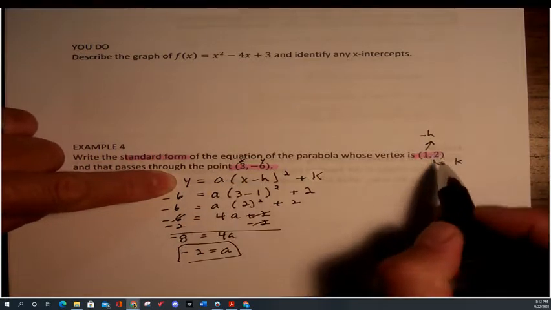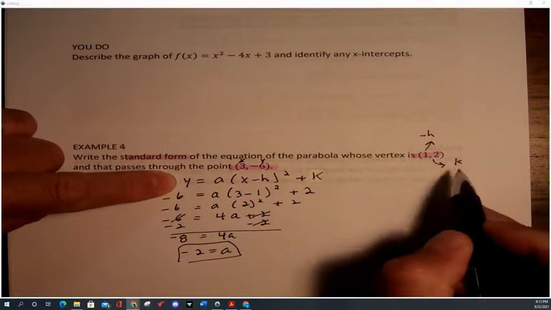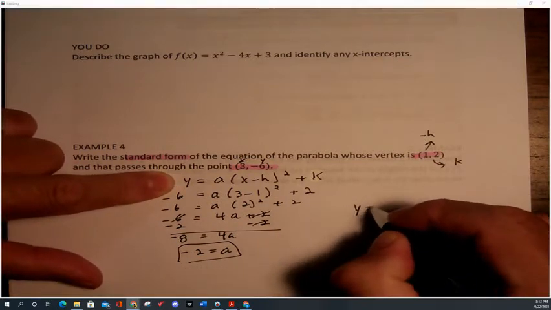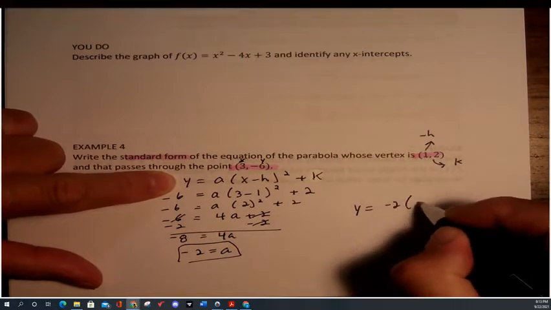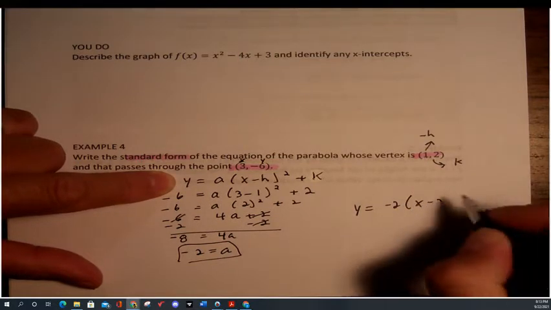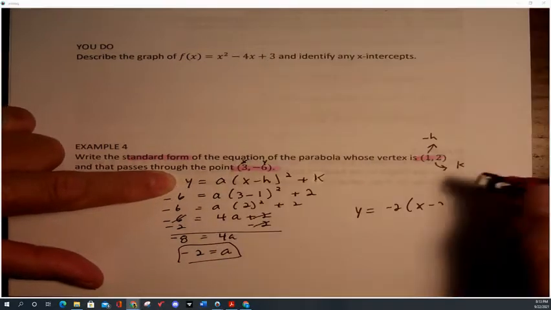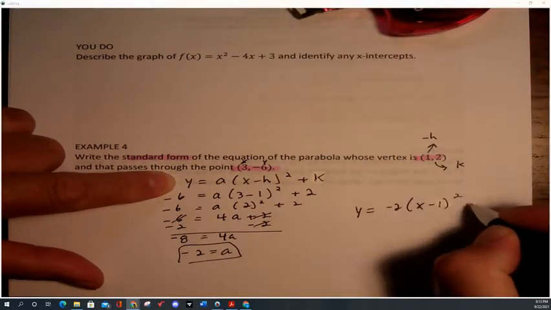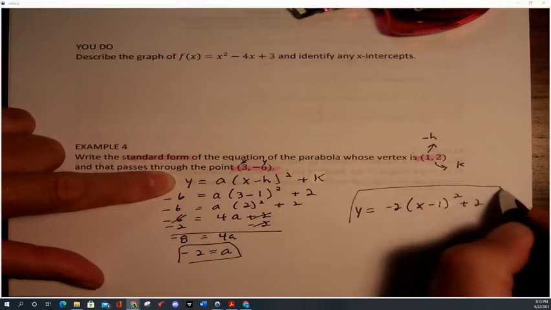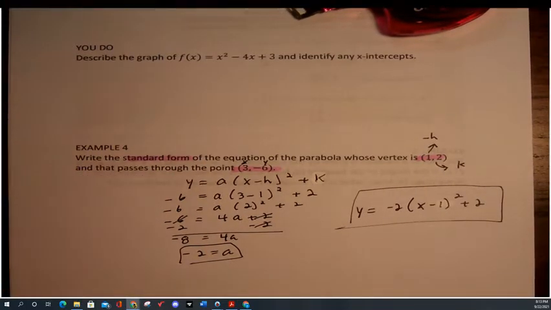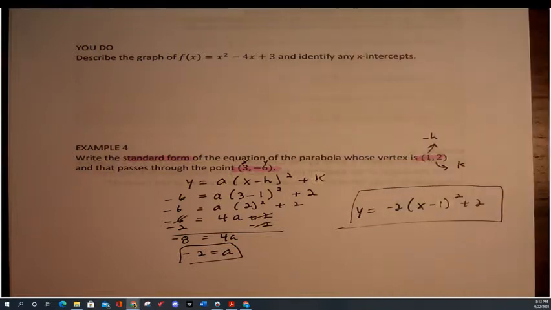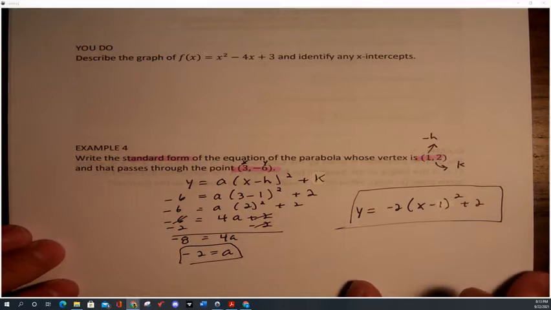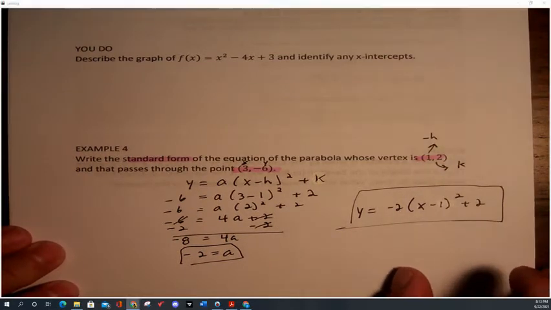So I'll substitute in the negative h, the k, and the a. It will now look like this. That should be a 1. That is the standard form of that parabola that has the vertex of (1, 2) and passes through the point (3, -6).